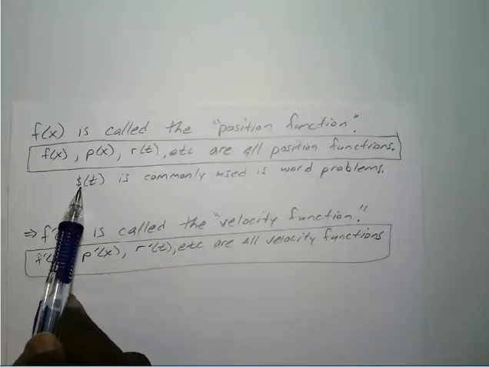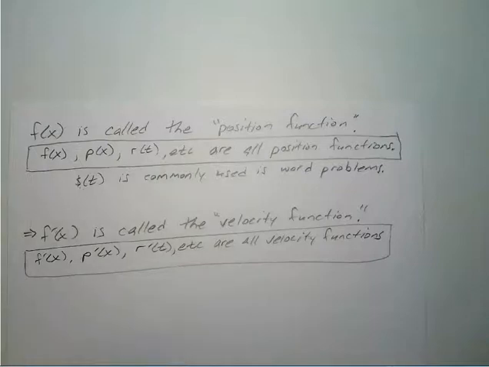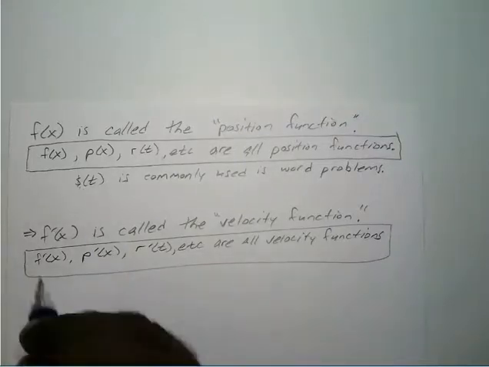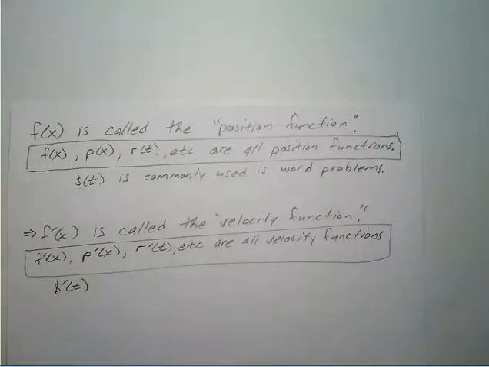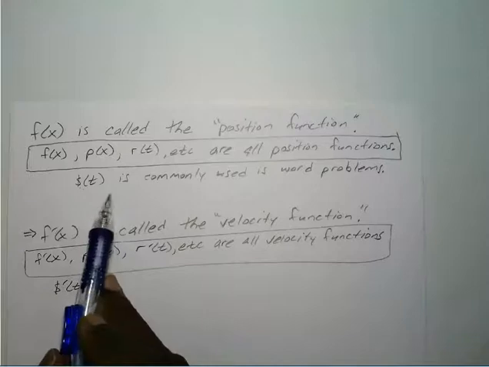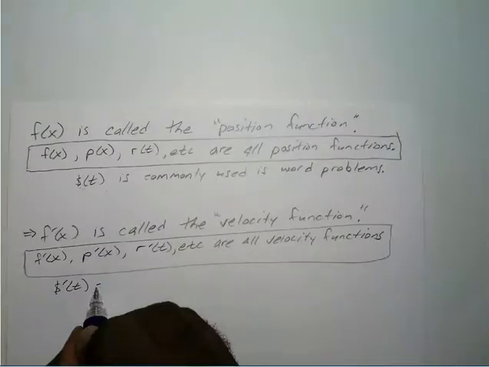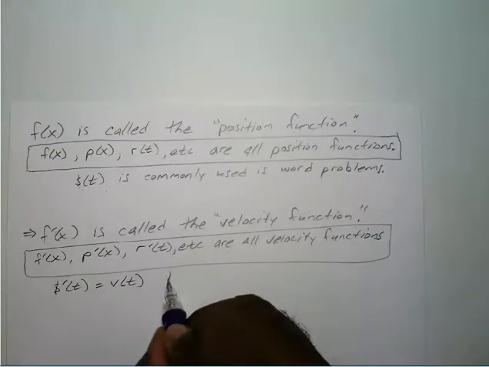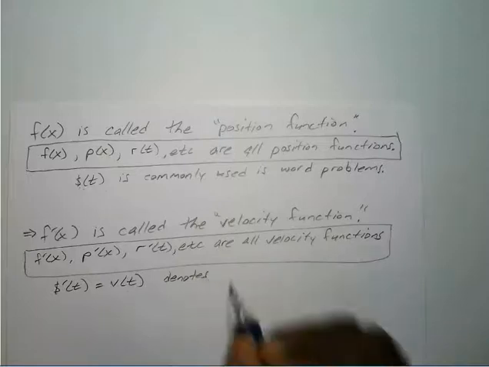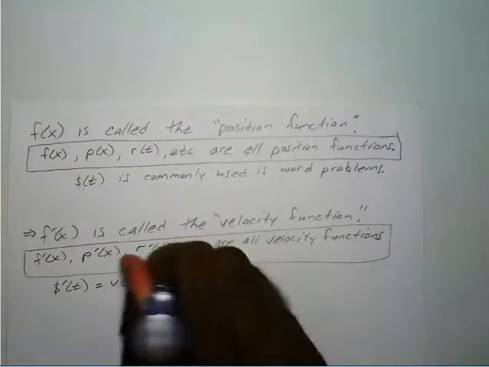Okay, but just like up here, we have a certain variable or function notation that's used for most word problems. It's not always used, just commonly used. So you have your s prime of t, but the first derivative of your position function, they will call your velocity function, so v of t commonly denotes velocity functions.